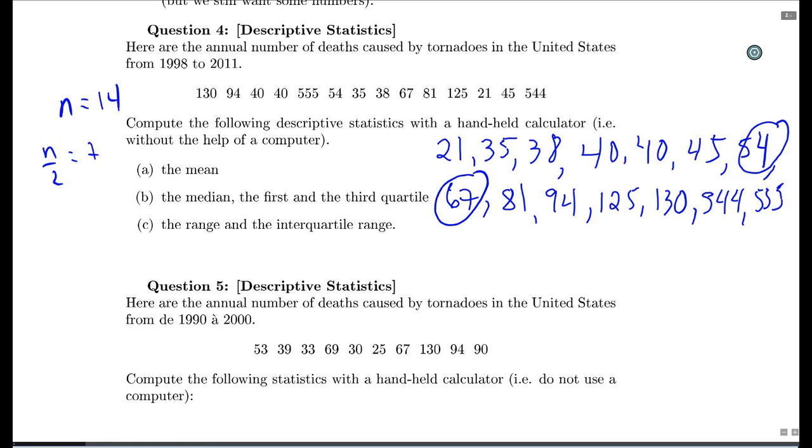And so I find the 7th value, which is 54, I found the 8th value, which is 67, and then the median, well, that will be the center of these two values. And so what I'll do is I'll simply add them up. So 54 plus 67, I divide by 2, and then I end up with 60.5.